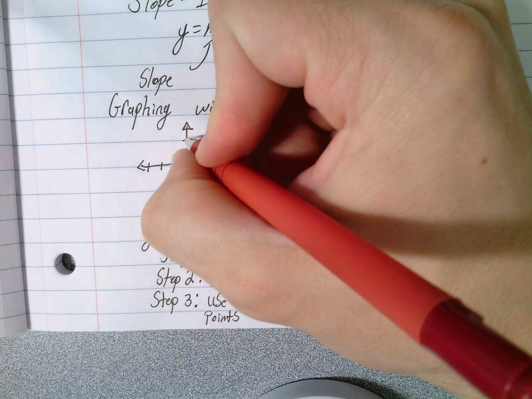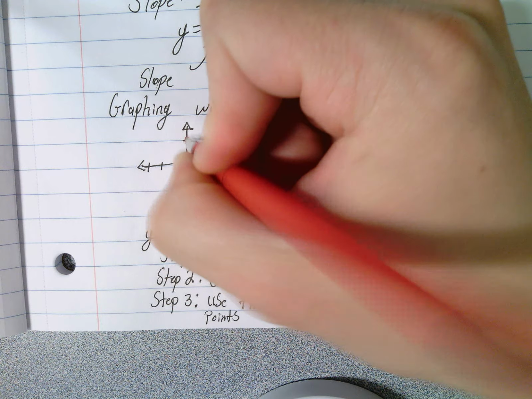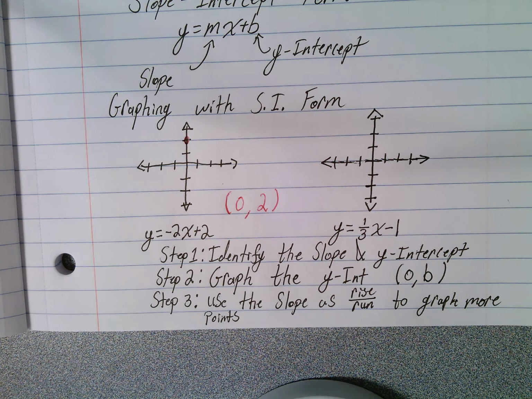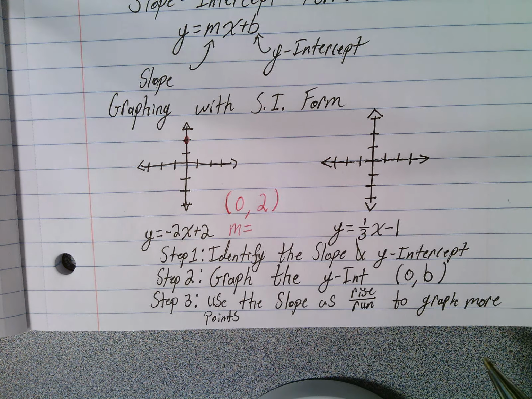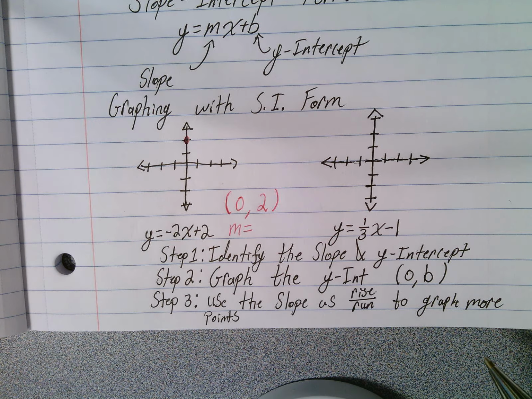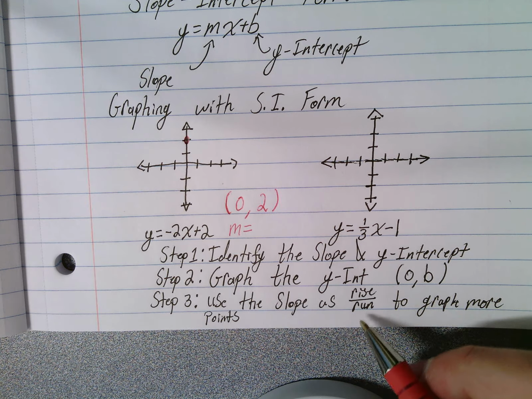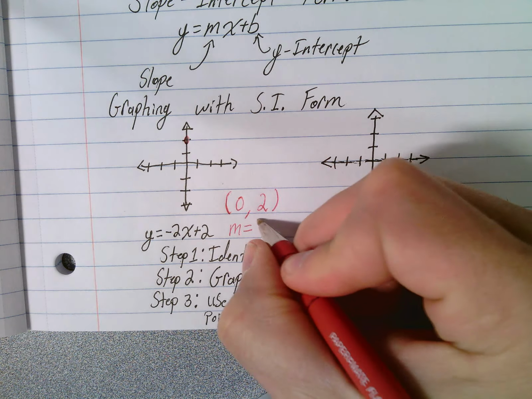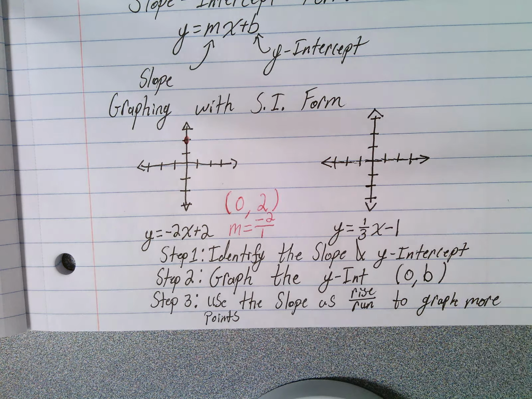So we move up here to 0, 2. And then we use our slope. What is our slope? Close. -2, but we're going to use it as rise over run. So we'll call this -2 over 1.